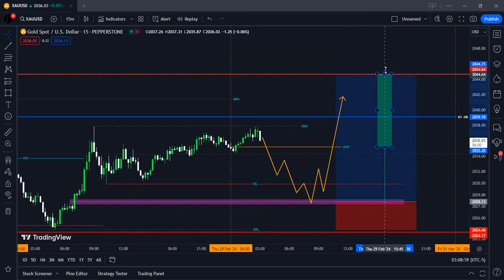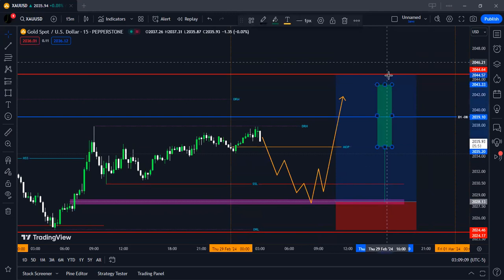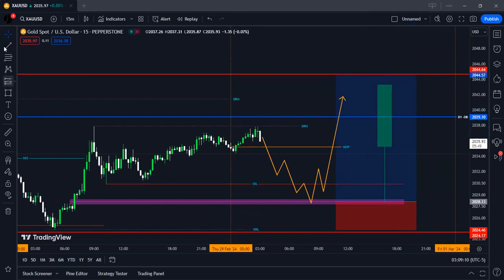So we will sweep the buy side like this, then drop to create the high of the day and the closing price like this.